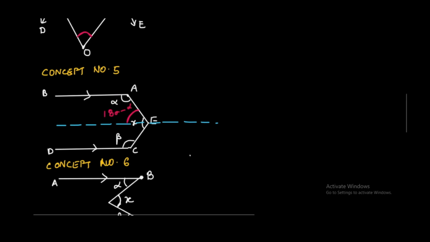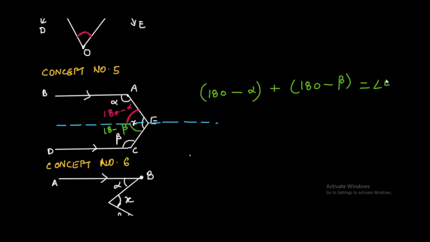And if we talk about another angle, this is 180 minus beta, and we just have to add them and we would get our answer, that is x. The value of x we have to find, and this is the way of finding angle x. So now move on to another concept.